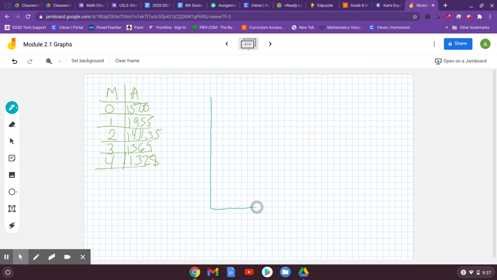Follow my grid lines. I have minutes and amount of water. All right, I'm going to still do my 1, 2, 3, 4, 5. And so here I'm going from 1,500 to 1,300. And we are going to go kind of down, but it's really only about 200 difference in here.